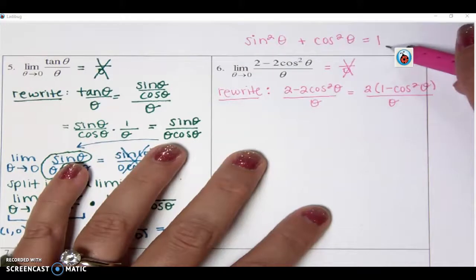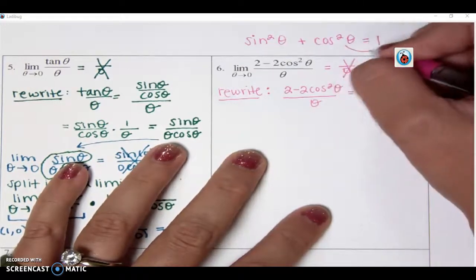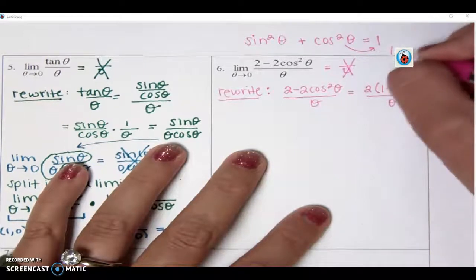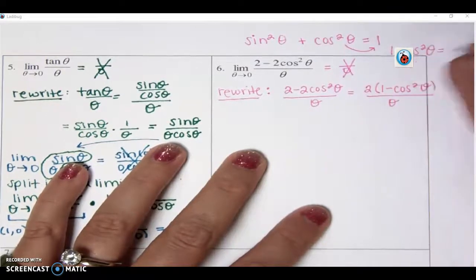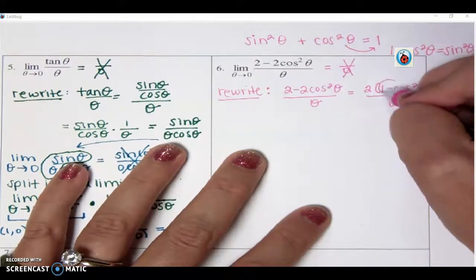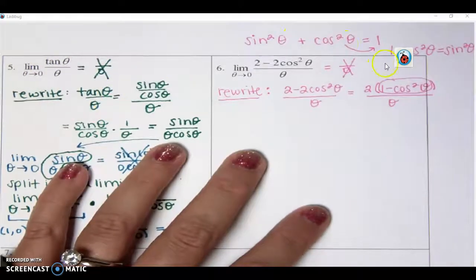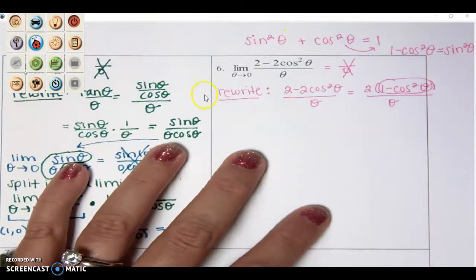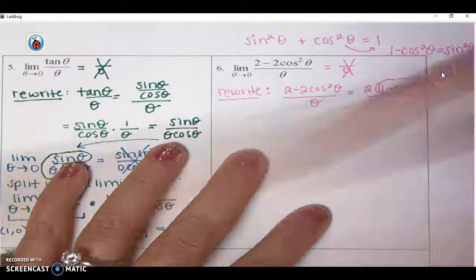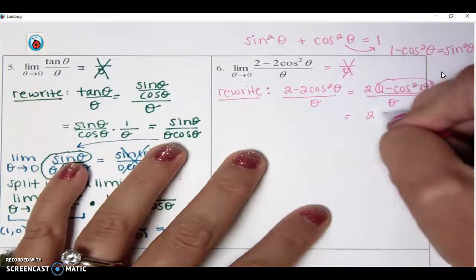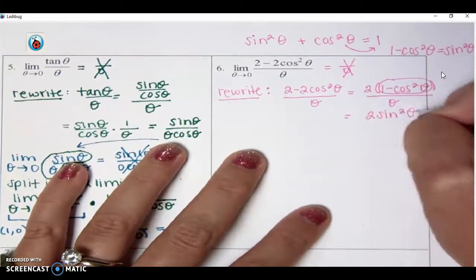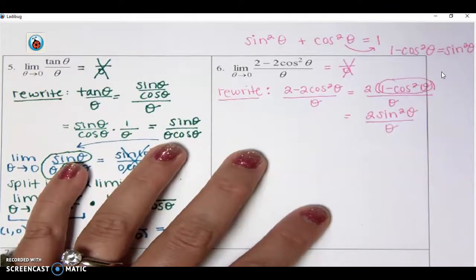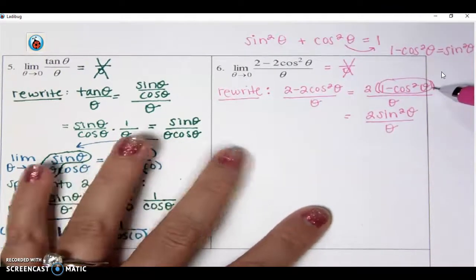Okay, well, if I rearrange this Pythagorean identity here, if I subtract cosine squared over, that means 1 minus cosine squared is going to be equal to sine squared theta. So I can rewrite this 1 minus cosine squared here as sine squared theta. So this is the same thing as 2 sine squared theta over theta. So I just used the Pythagorean identity there.